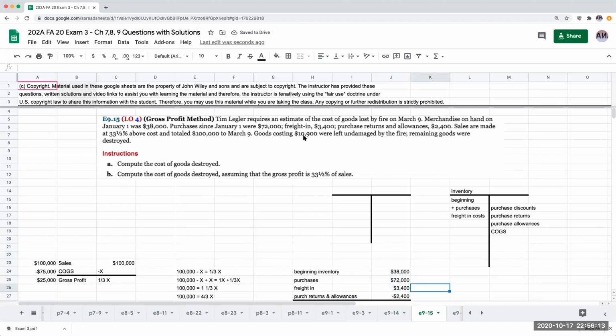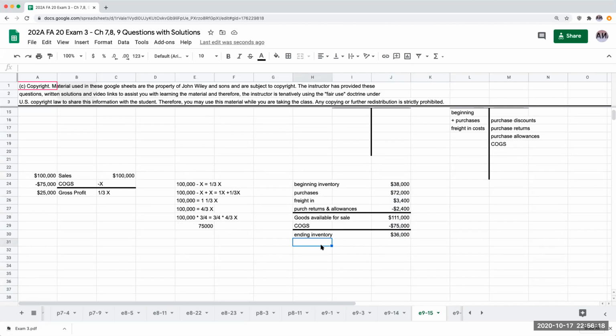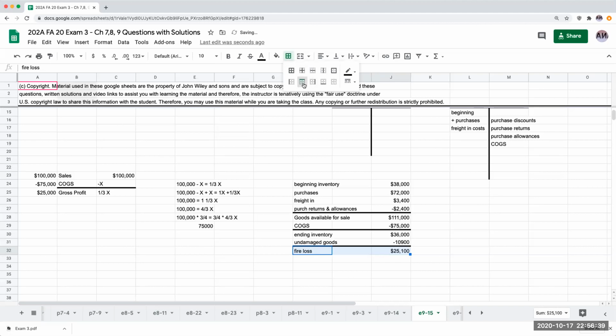However, I still have 10,900 left that were undamaged. So my undamaged goods, so my fire loss is going to be 25,100. So that's how I go through and I solve this particular question.